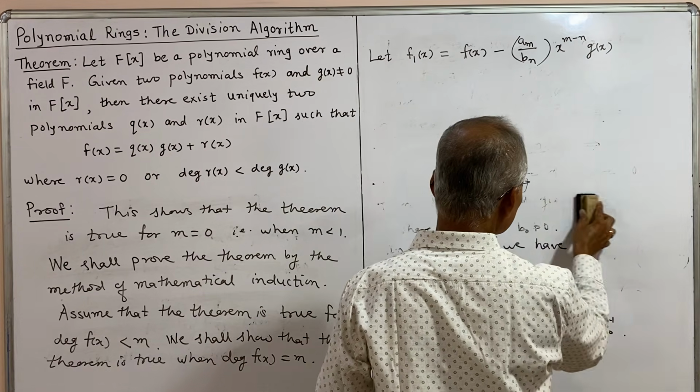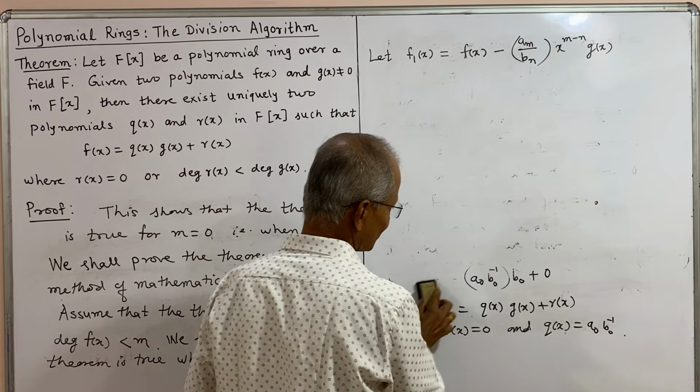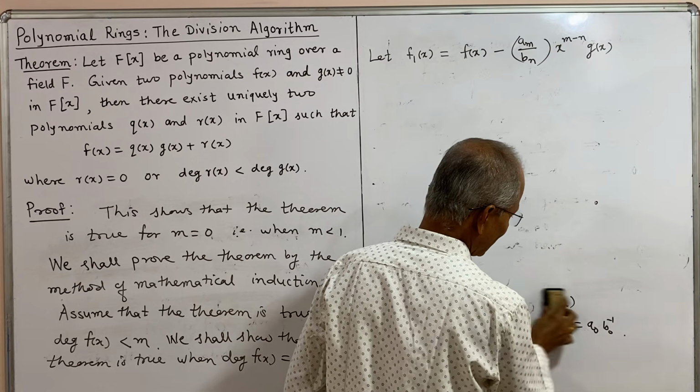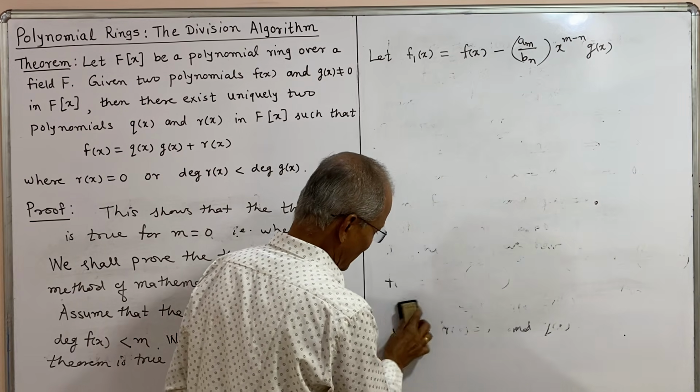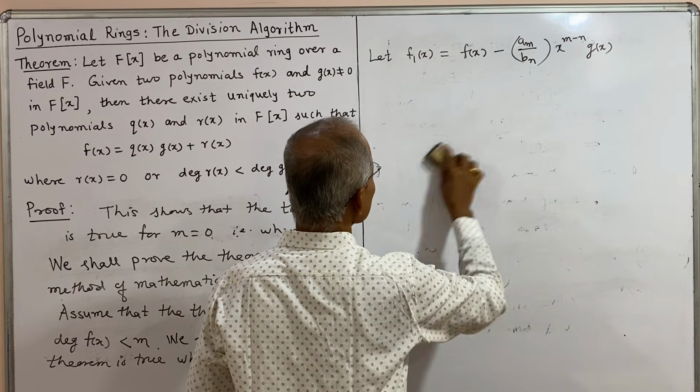So what we have written is f(x) and g(x), which we have already written as polynomials of mth degree and nth degree, and their actual expressions also we have written. See what this expression will be.